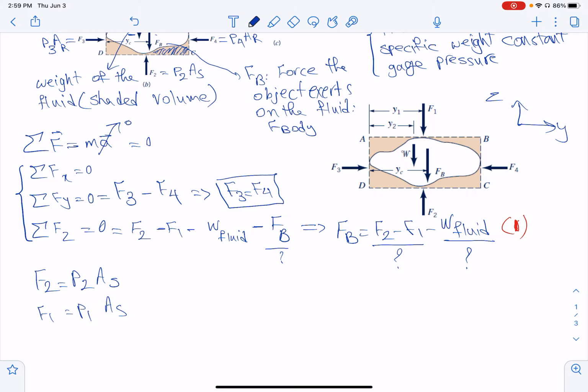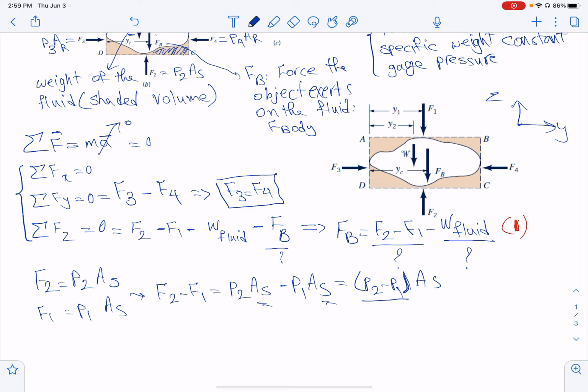We are trying to find F2 minus F1. So let's substitute them here. For F2 we have P2 times AS, and for F1 we have P1 times AS. And if we factorize AS, we have P2 minus P1 times AS.